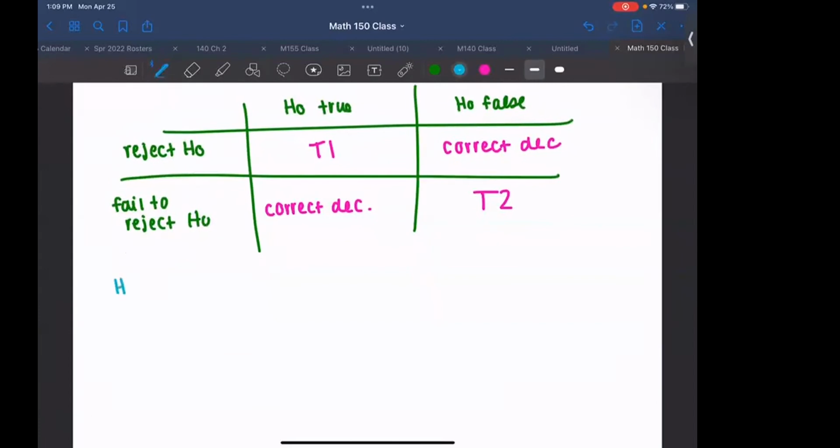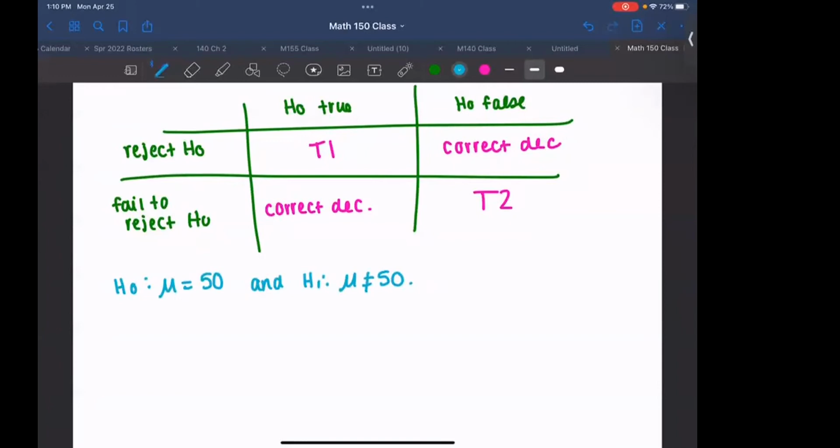Let's say we were given a scenario, might be a little more wordy, but the scenario says that the mean is equal to 50, and the alternate hypothesis said that the mean was, I don't know, not equal to 50. So basically we're setting up this experiment and we come to a conclusion. We don't know if the conclusion is actually true or not, but we might make an error.